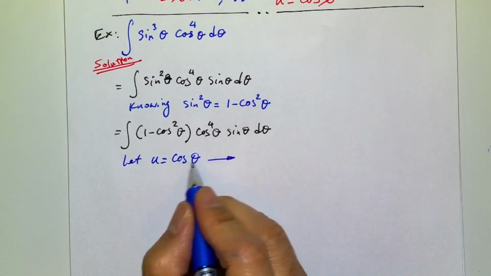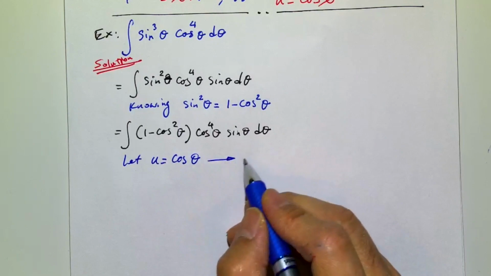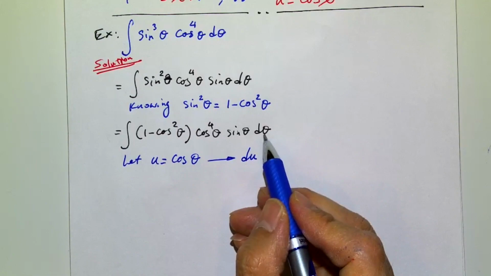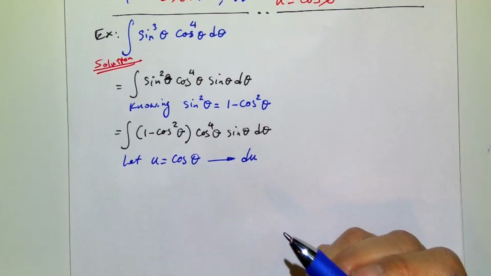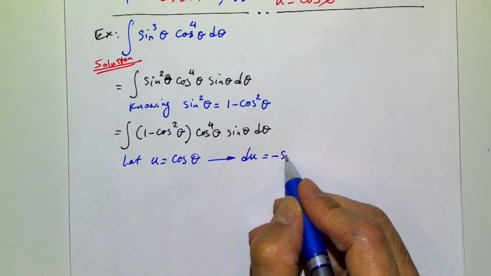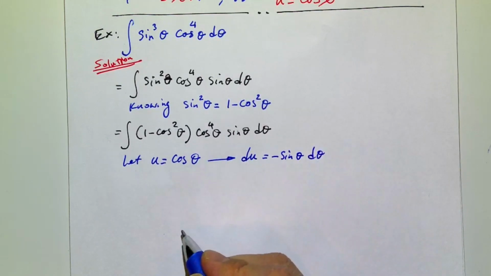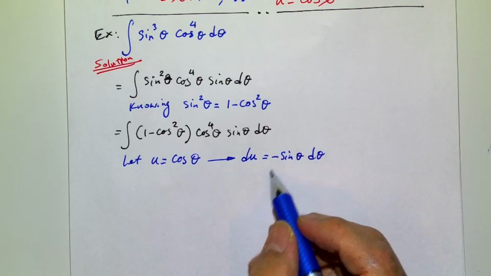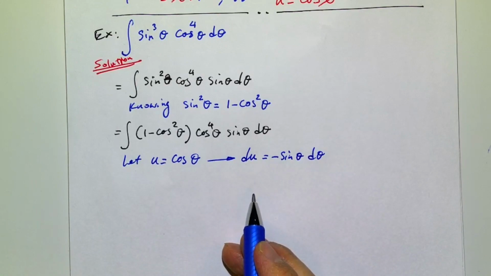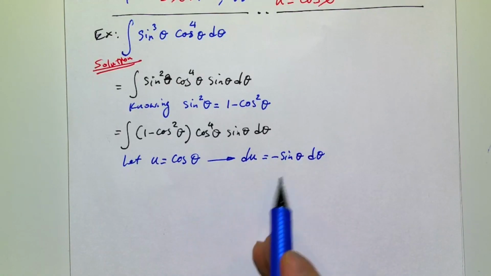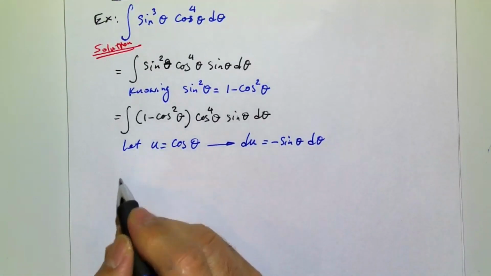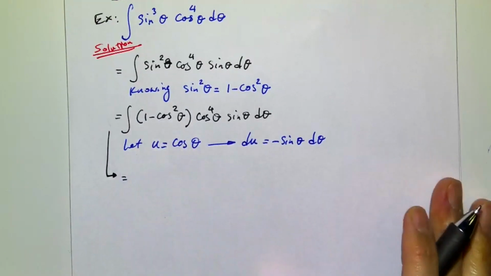As soon as you pick that for your new variable, then you have to calculate du. Because we had d theta for theta, we need du for u, and du would be equal to minus sine theta d theta. And so now we can substitute in this from here.